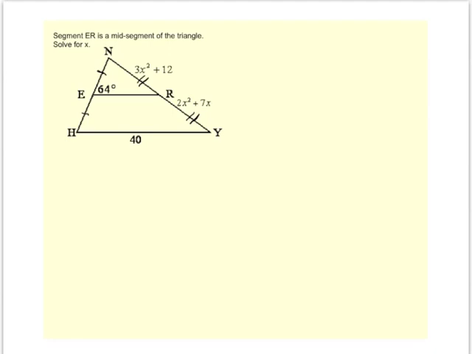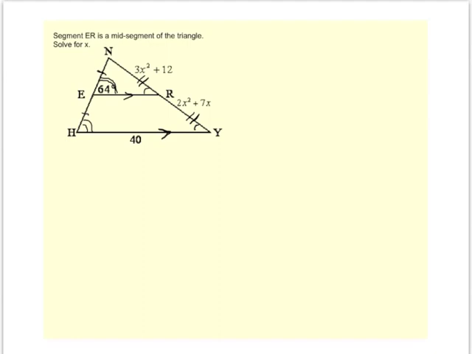A couple other things. The mid-segment is parallel to its opposite side. And also it creates a couple of pairs of congruent angles. This angle is congruent to this angle because they're corresponding angles cut by a transversal with parallel lines. And then also this angle is congruent to that angle.